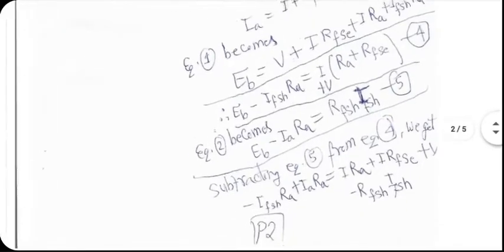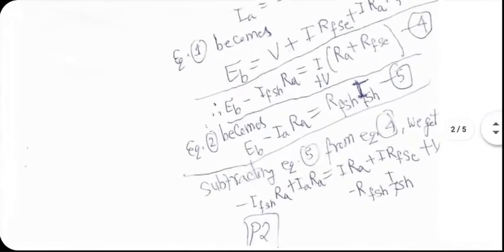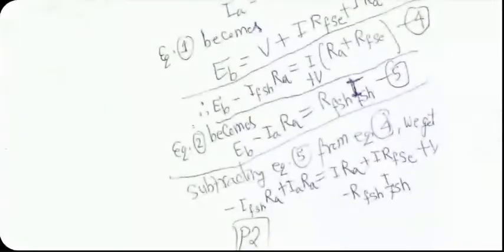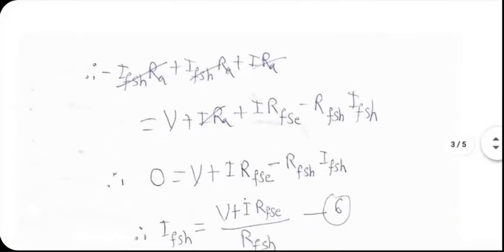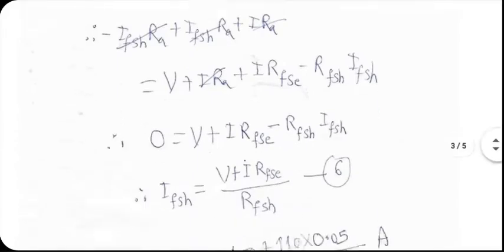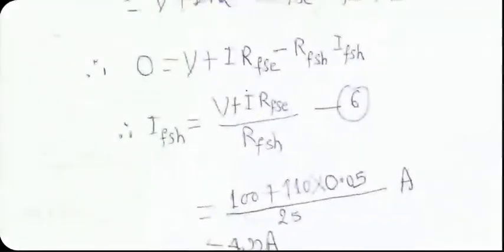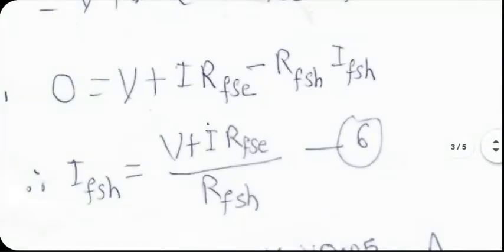And that gives me a very interesting equation. You can go through the derivation. What I get by solving that equation is a formula for IFSH. You can double check whether this is correct or not.